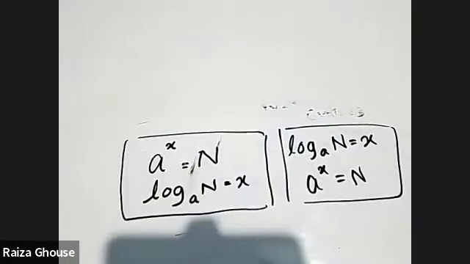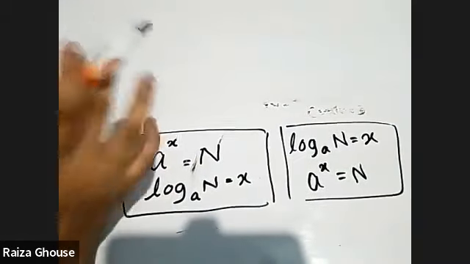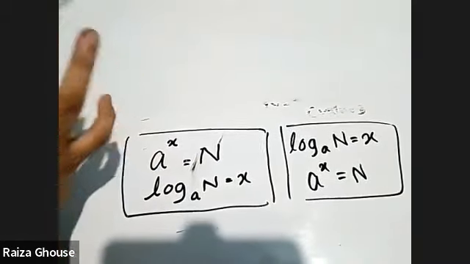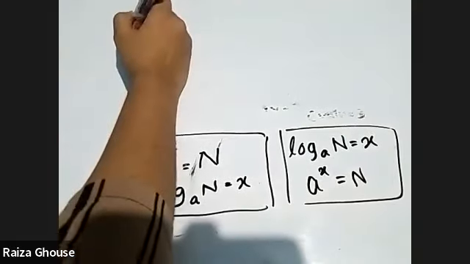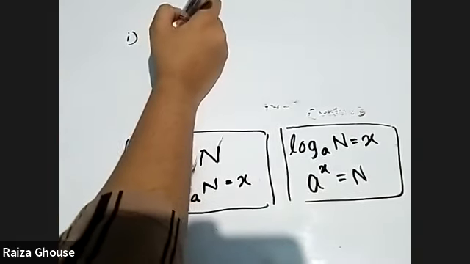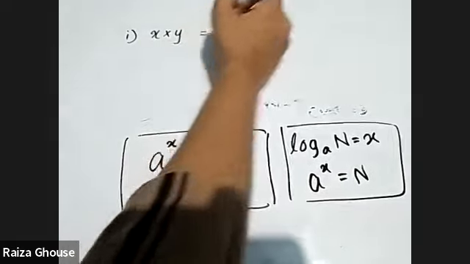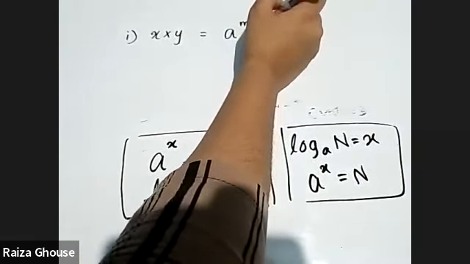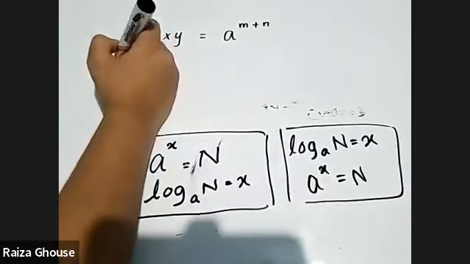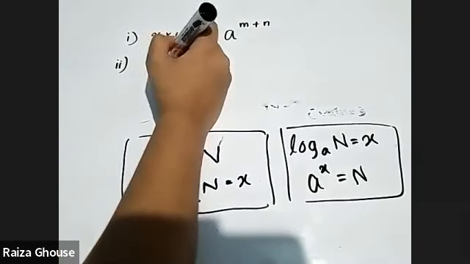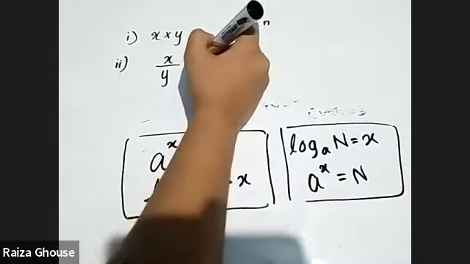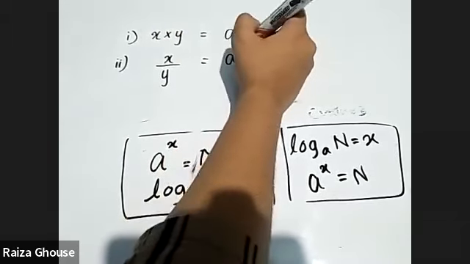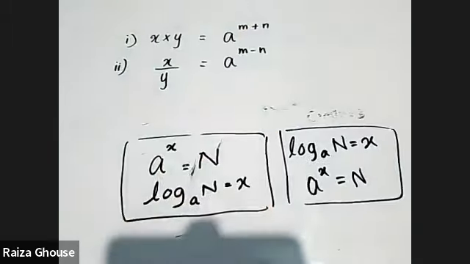Two questions. Write the following in logarithmic form. You have to understand what is the base, what is the index, and what is the number. That's all. Two questions are here. Do it on your own.